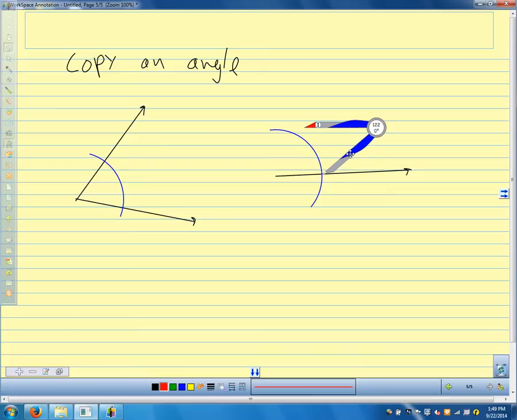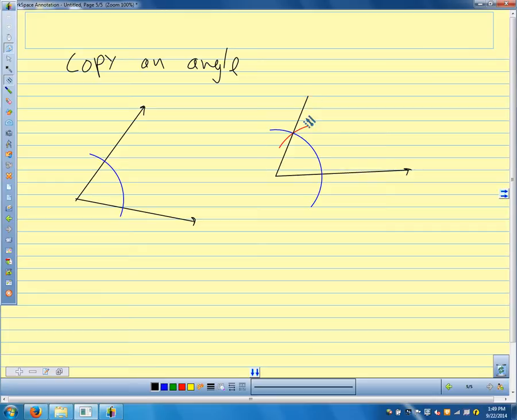And then I move the compass over to the other arc where it crosses the ray that I drew and make a little mark. And then connect the vertex to the little X thing. And there's my new angle.